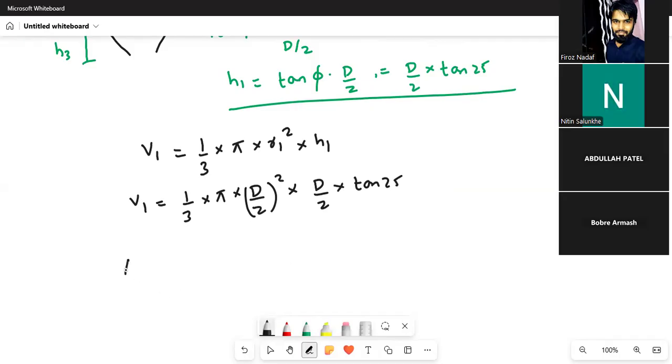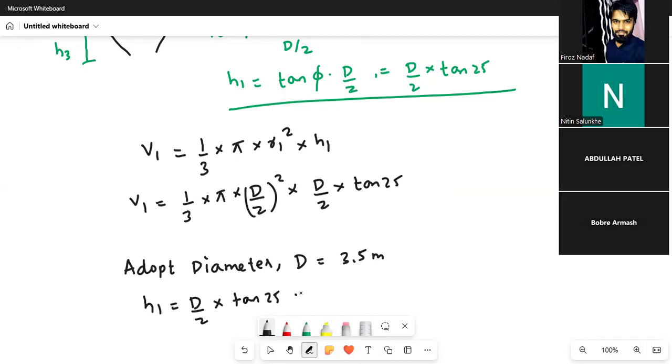Okay. So I will adopt the diameter capital D equal to 3.5 meter. What will be H1? H1 equal to D by 2 into tan 25, and D is 3.5. You can substitute the value of D and H1 will be equal to 0.82 meter.